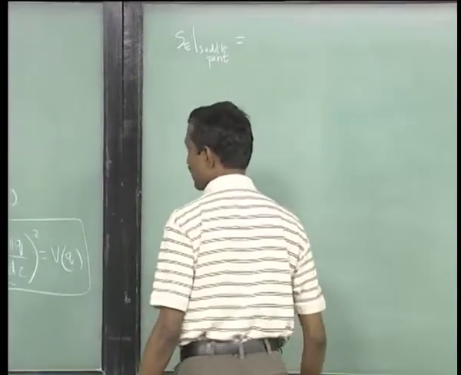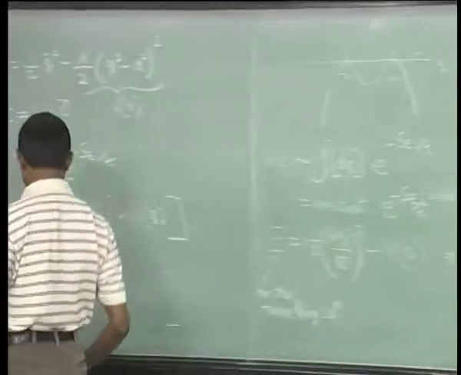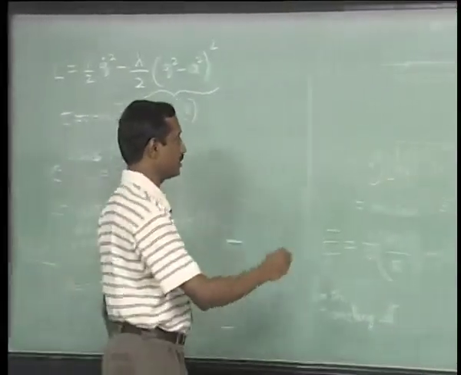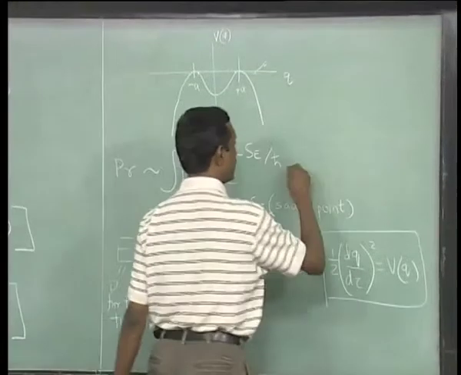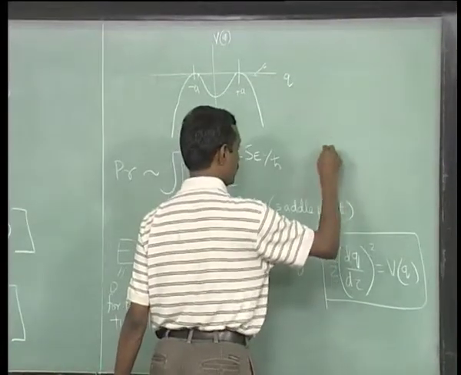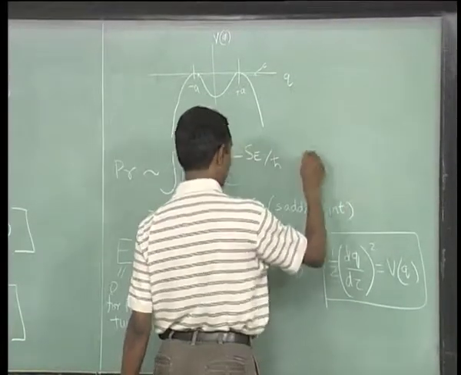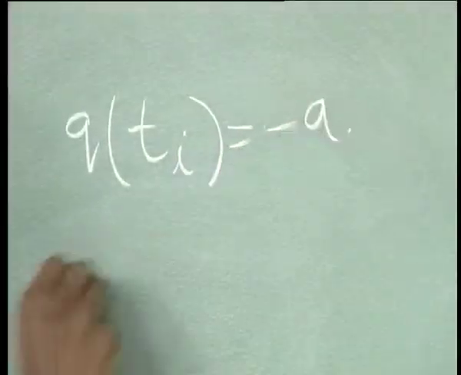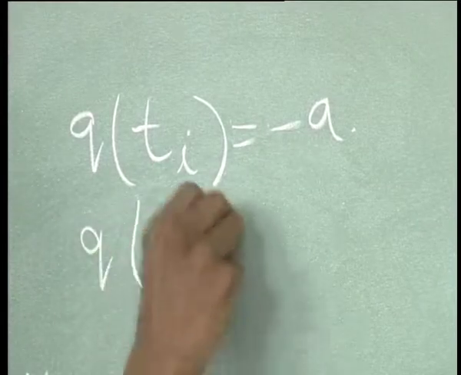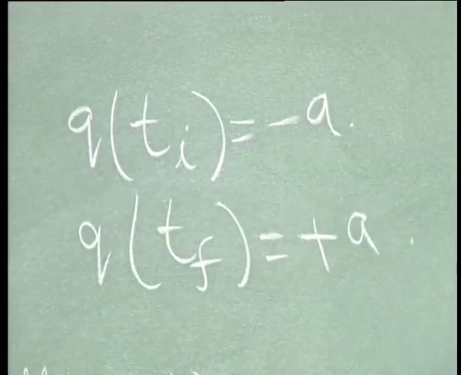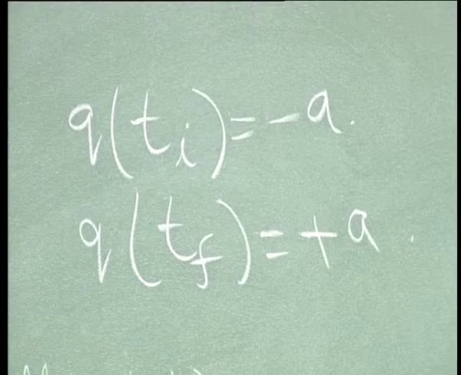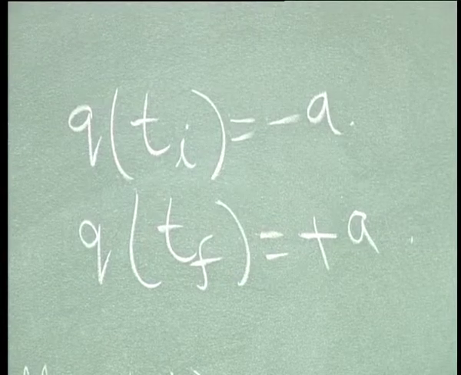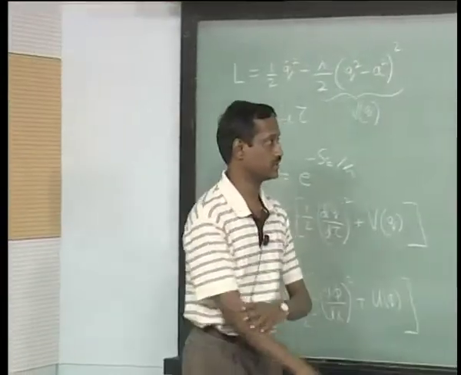One point here is that in this path integral the boundary conditions are that q at some initial time equals minus a and q at some final time equals plus a. I could consider the opposite one, but that would just exchange these roles.